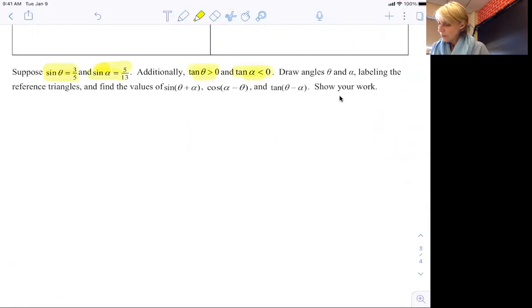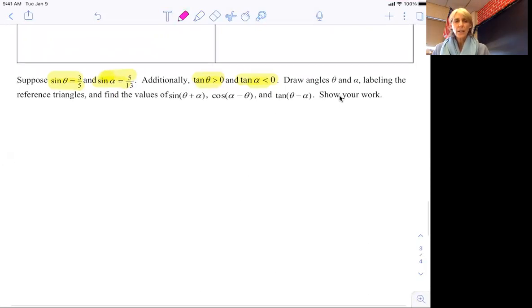Tan. First thing I want to do is I want to draw the angles for theta and the angles for alpha. That's just a way to represent an angle. Labeling the reference triangles. Now we only did the sine and the cosine so far, so we're going to find those values.